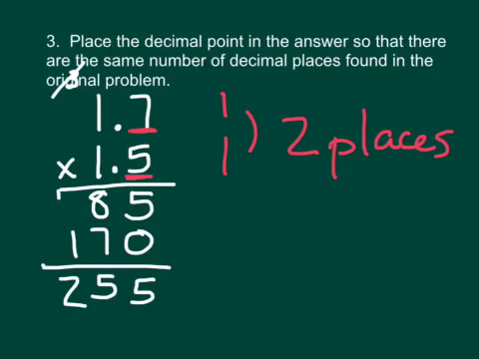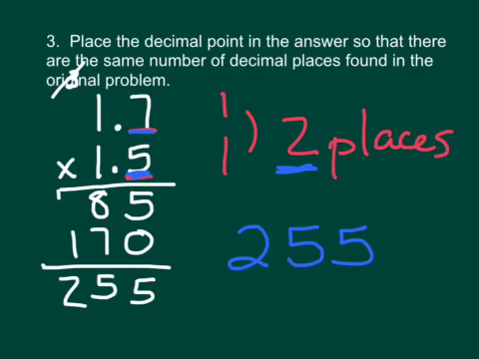The third and final step is to place the decimal point in the answer so that there are the same number of decimal places found in the original problem. And in the original problem, we said that there were 2 decimal places, one right here and one right there. So if we take our answer of 255, we need to make sure that we place the decimal point in a spot that shows that there are 2 decimal places.